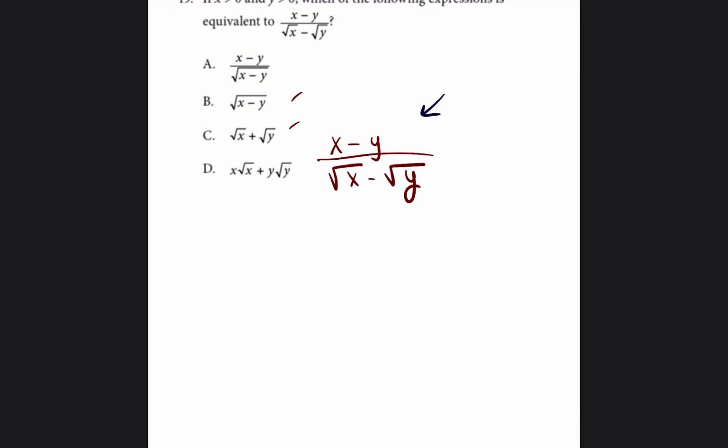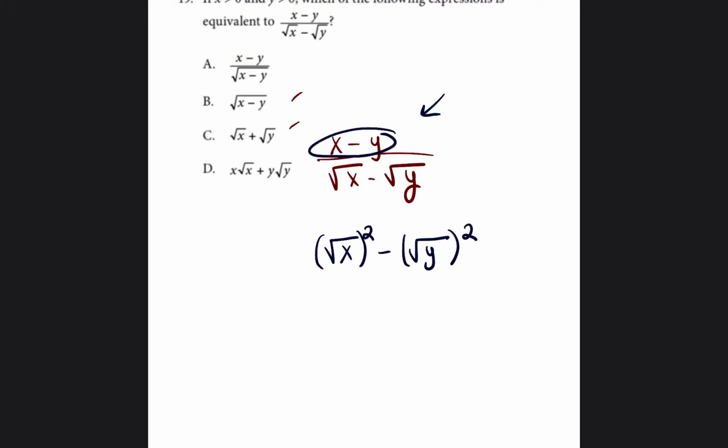So what I'm going to try to do, and I've also read the description of how they want us to solve it, is recognize that x minus y could also be written in another form. It could be written as the square root of x, squared, and I'm going to put this in parentheses, and then minus the square root of y, squared.